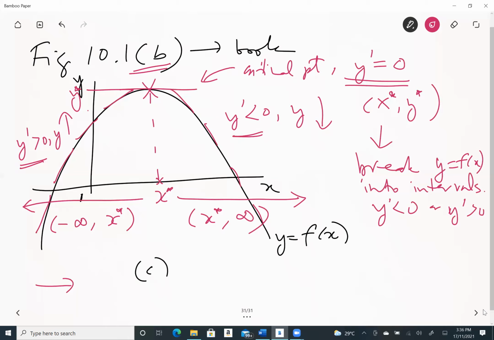Sketch the line, or use your book, and just draw the slope like this. So on the left, the slopes are negative, or the derivatives are negative. Now what happens as you move to the right, when the line is going up? What about y prime?